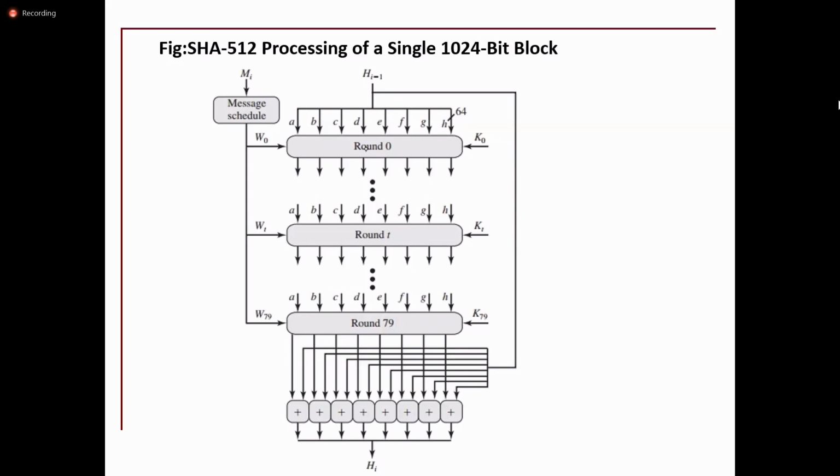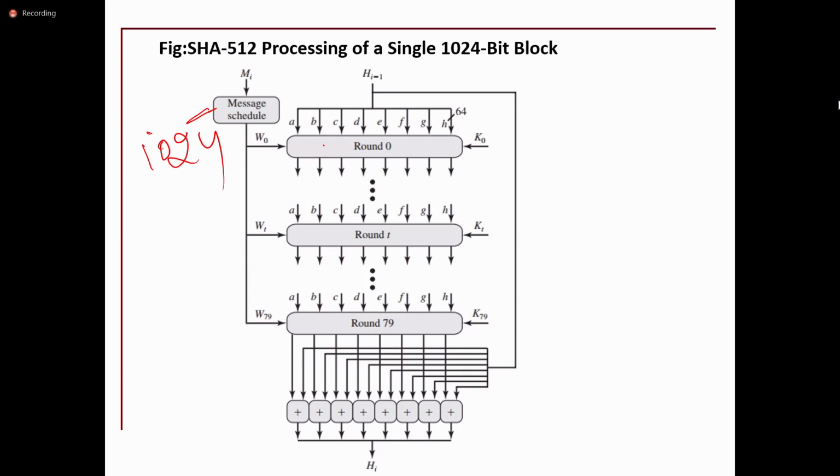It is going to take a message that is 1024 bits, isn't it? So here the length of this is 1024 bits. And then it is going to take the buffer value. Initially it will be the square roots of the first 8 numbers, but later it will be the output of the previous round.